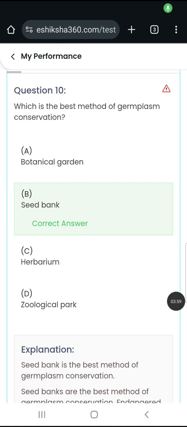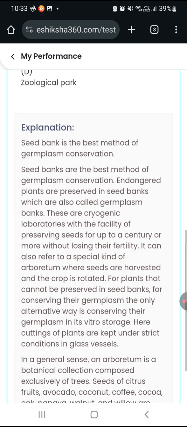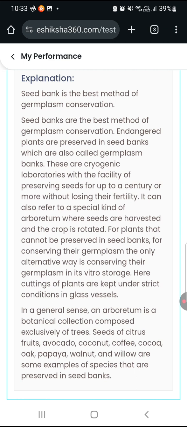Question number 10. Which is the best method of germplasm conservation? Answer: seed bank. Explanation: seed bank is the best method of germplasm conservation.